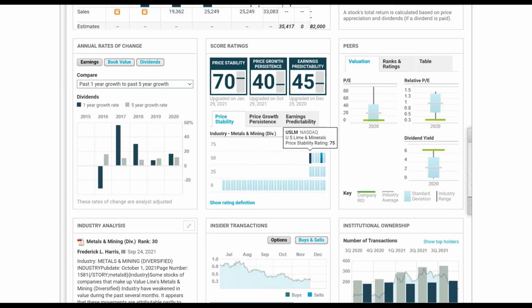Yeah. So the next box is peers, and it shows you how they are relative to their peers. And you can look at this in various ways. The green bar is going to be the company we're reviewing, which is Rio. And then that gray bar is going to be what the industry is looking at.